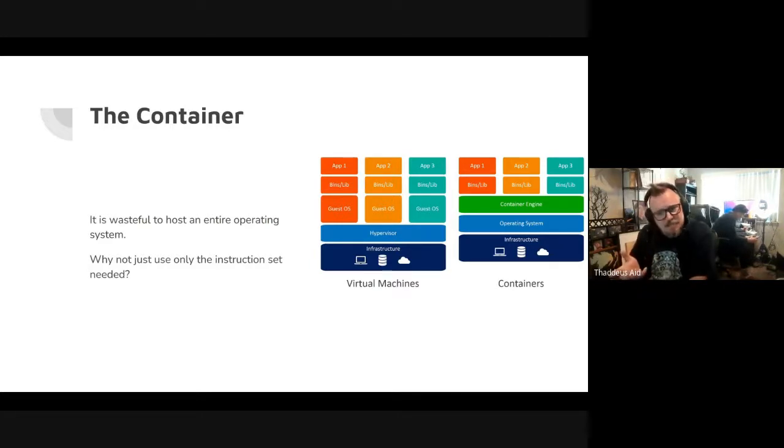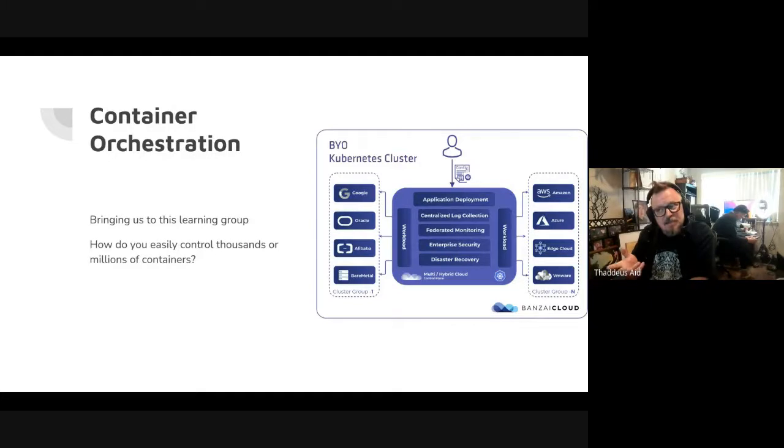And now that we've got tons and tons of containers, how do we orchestrate them? And that's why we learned Kubernetes. That's why we learned the different orchestration systems, because we've got all of these machines, which originally, back when I started in IT, it was one machine, one operating system, probably one service.